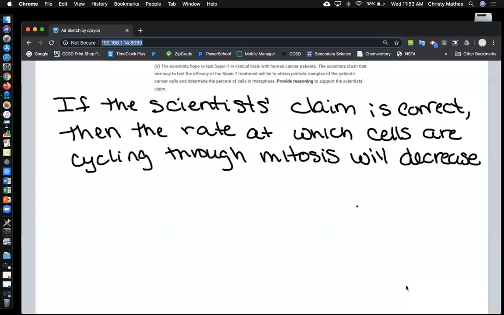We want to stop the cancer from growing because, so here now is my justification. So the first part of this sentence is where I'm restating what the scientists' conclusions are.